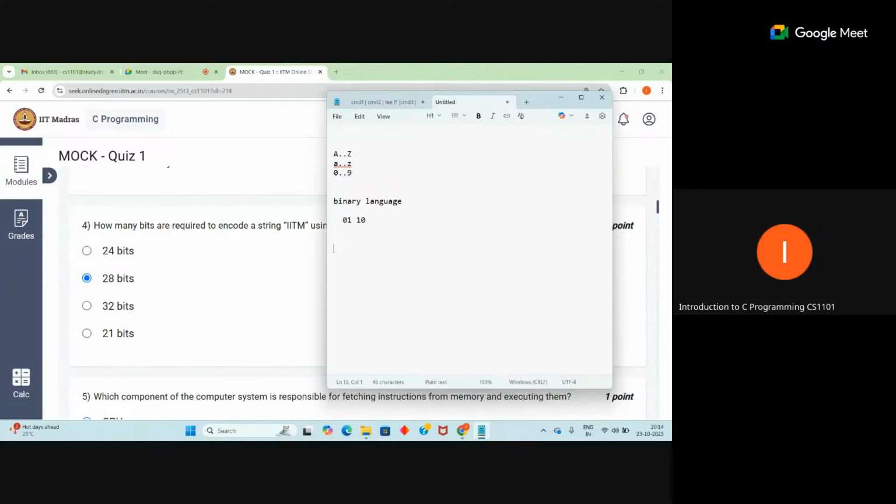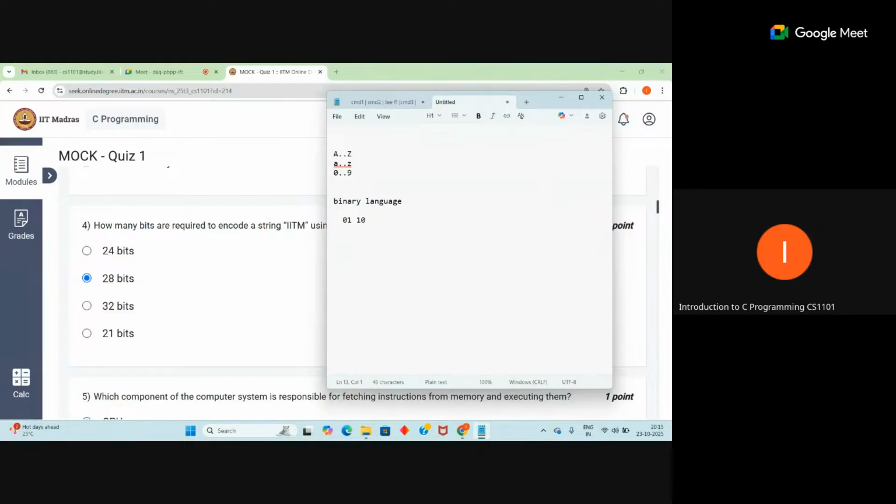In general, how many different symbols are accepted by your language? Based on that they will define the ASCII values. Say A to Z means 26, small a to z another 26, 0 to 9 another 10, and we have punctuation marks like comma, dot, and so on.